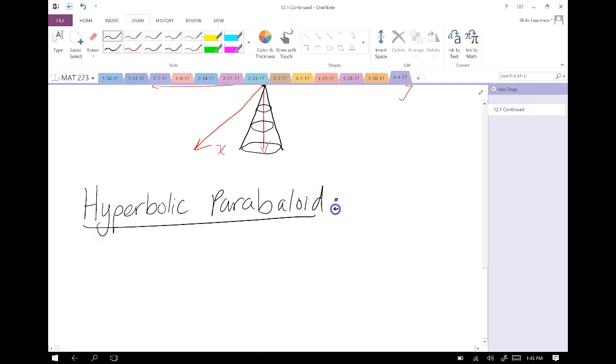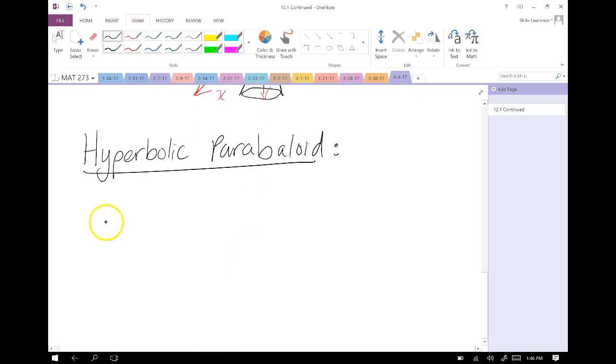This thing looks like a Pringles chip. So if you think of the shape of a Pringles chip, that's exactly what it looks like. A Pringles chip is a mathematical shape.